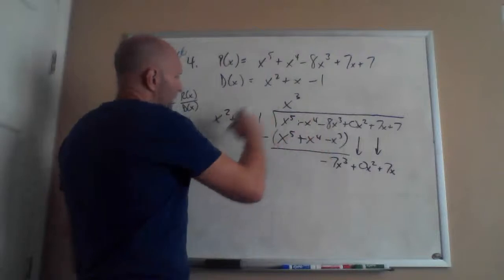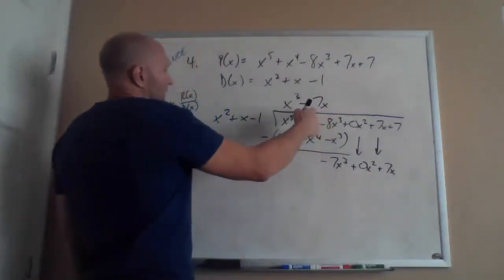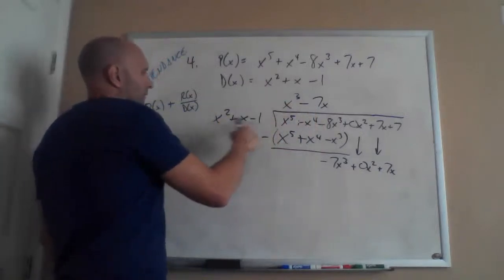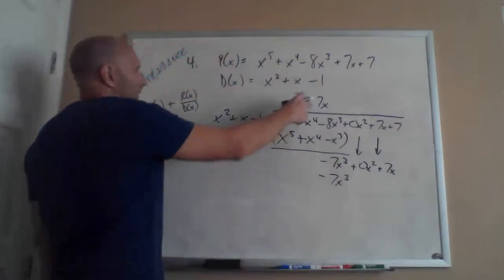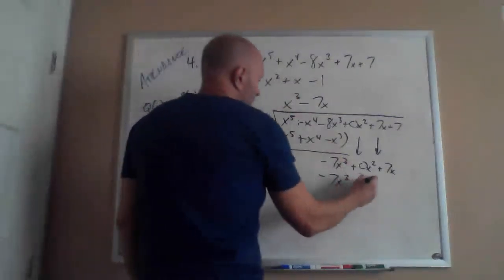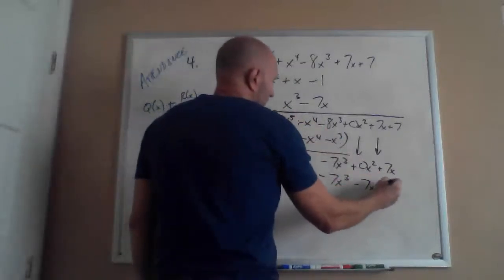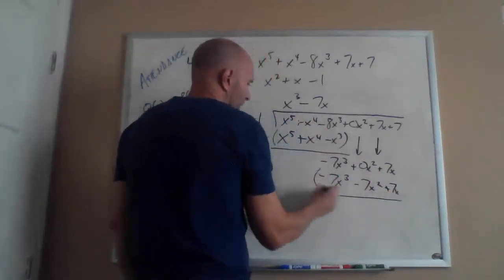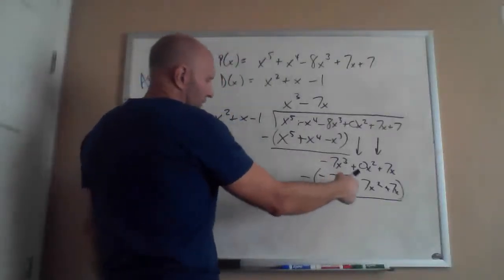So then I need what? I need minus 7x. That way, negative 7x times x squared is negative 7x to the third. And then minus 7x squared and plus 7x. Subtract this. So this term is gone.